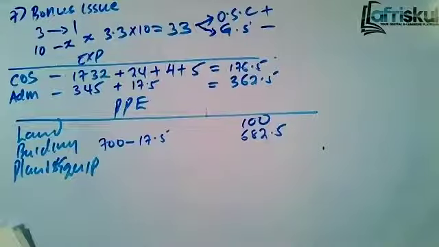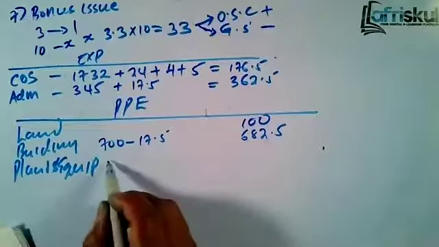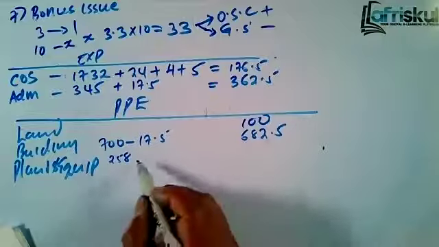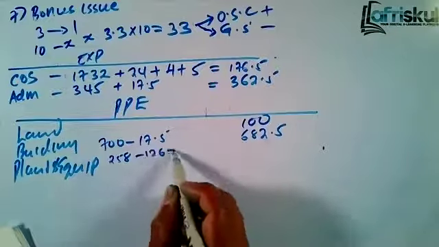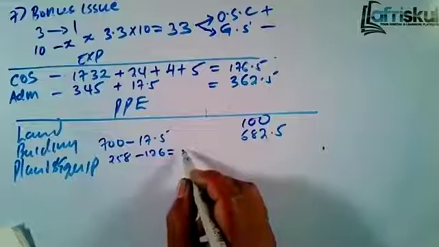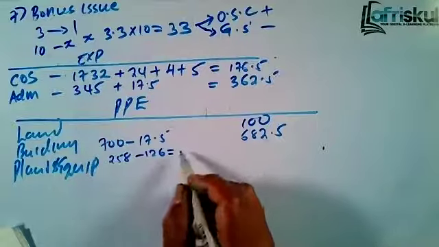Then let's go to plant and equipment. Now, plant and equipment, this is what you do. From the balance, we had 258 with an accumulated depreciation of 126. How much do you get? It is 258 minus 126. You get the net book value, which is 132.